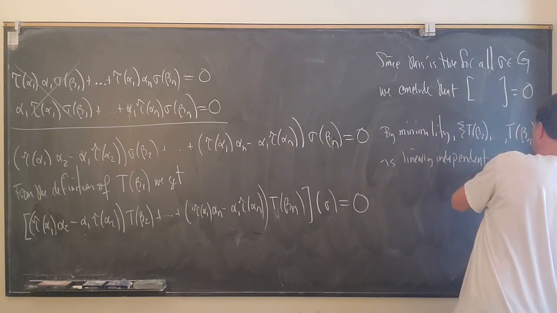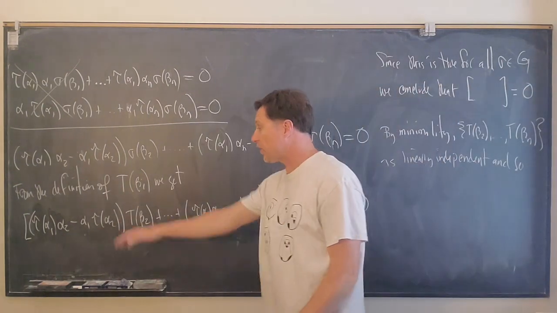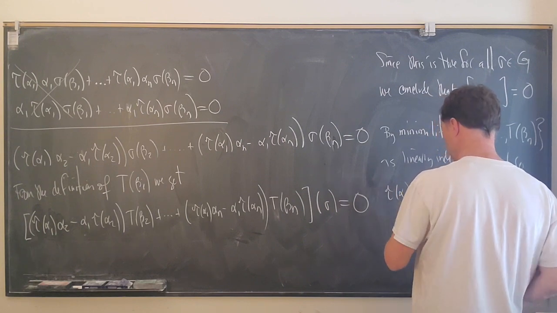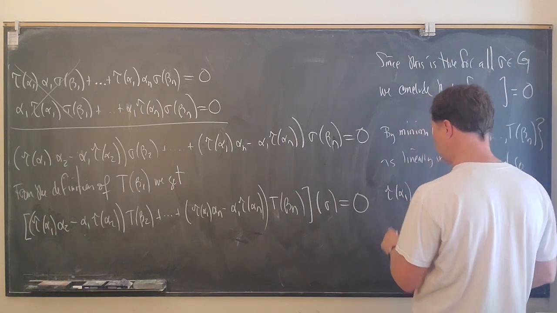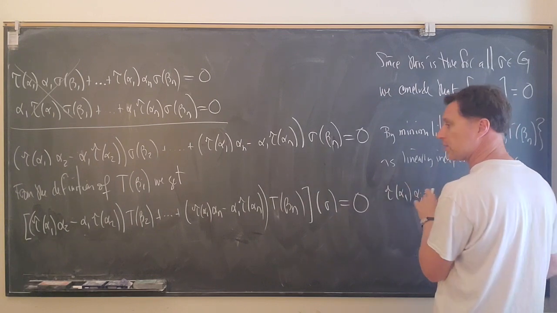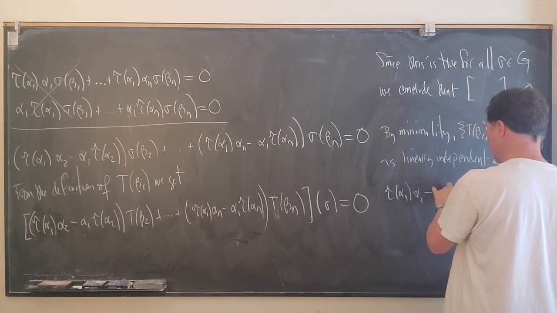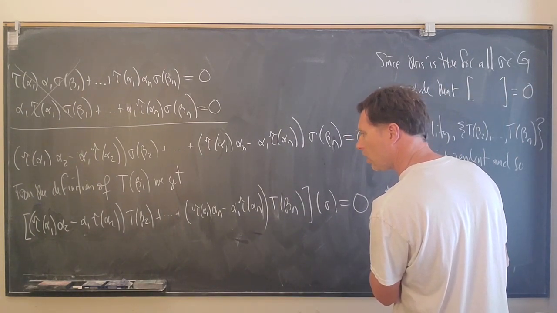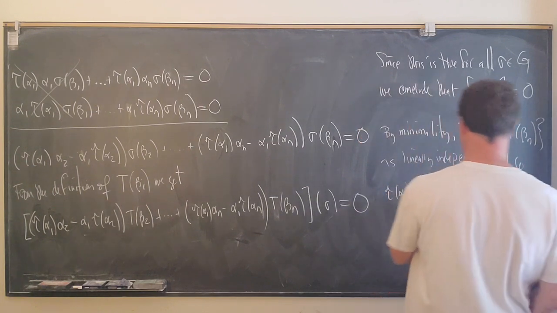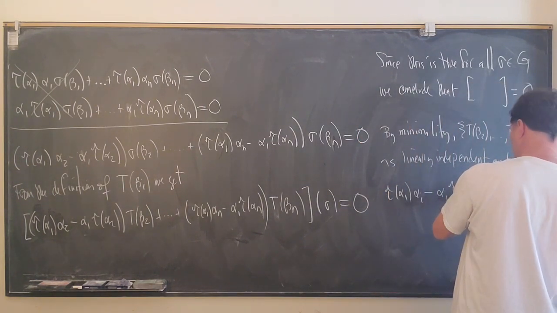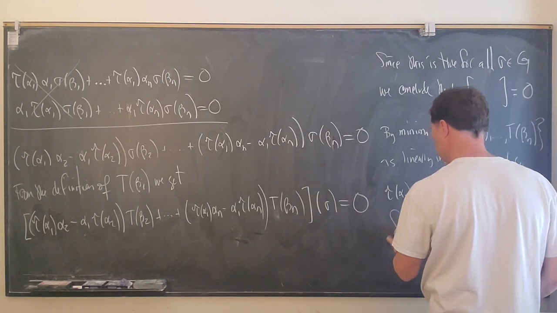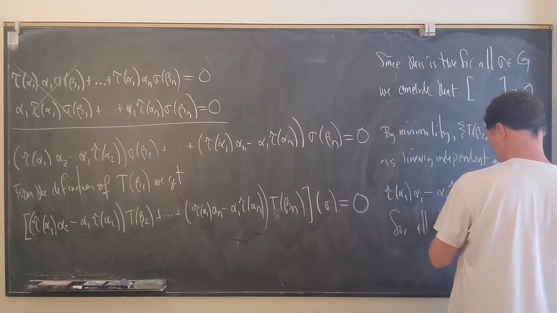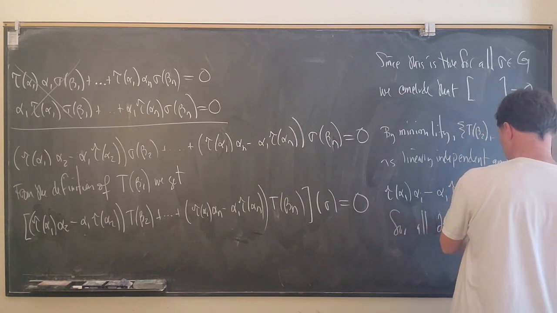And so that tells us then that each of the coefficients here, so let's write this, it'll be tau alpha 1 alpha I minus alpha 1 tau alpha I equals 0 for all I between 2 and n.